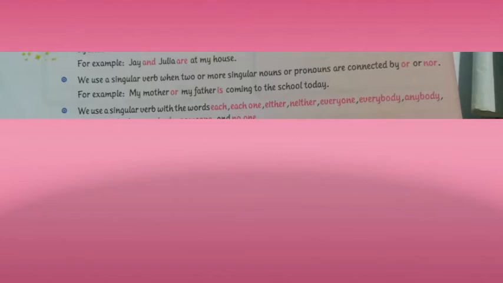For example, my mother or my father is coming to the school today. Here my mother and my father are nouns connected with or. So in this case we have to use a singular verb, that is, my mother or my father is coming to the school today.